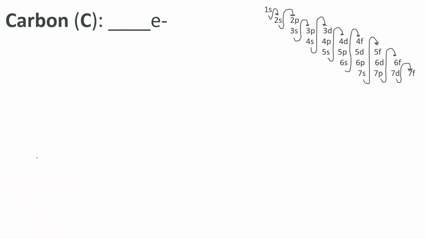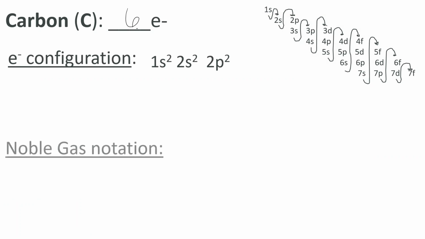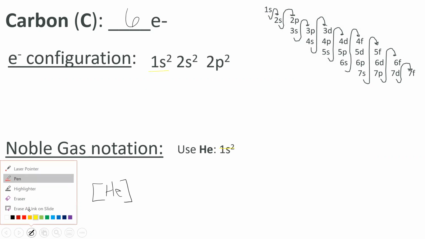So you can refer back into your notes for the actual electron configuration of carbon, which is 1s2, 2s2, 2p2. Once again, helium comes before carbon. So we're going to take our square bracket, He, helium. He is representing 1s2, which is right here. And then you just fill in the rest.